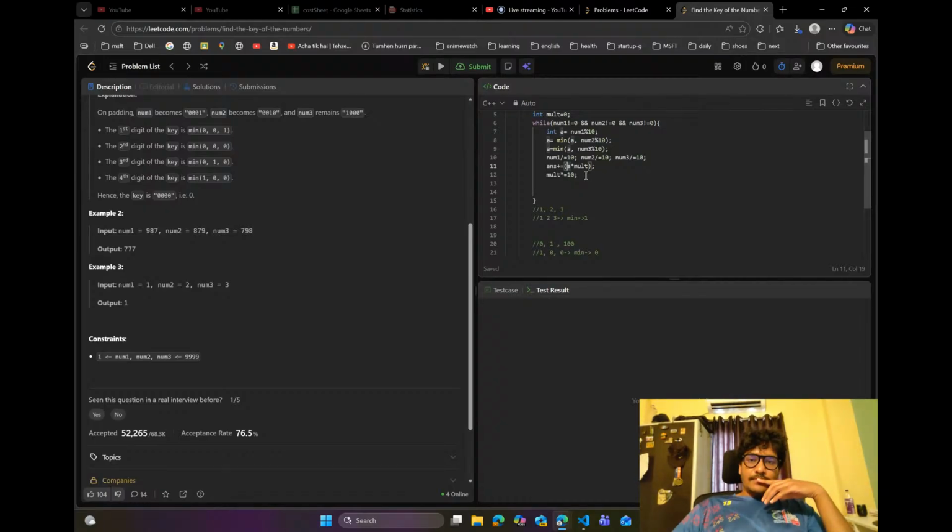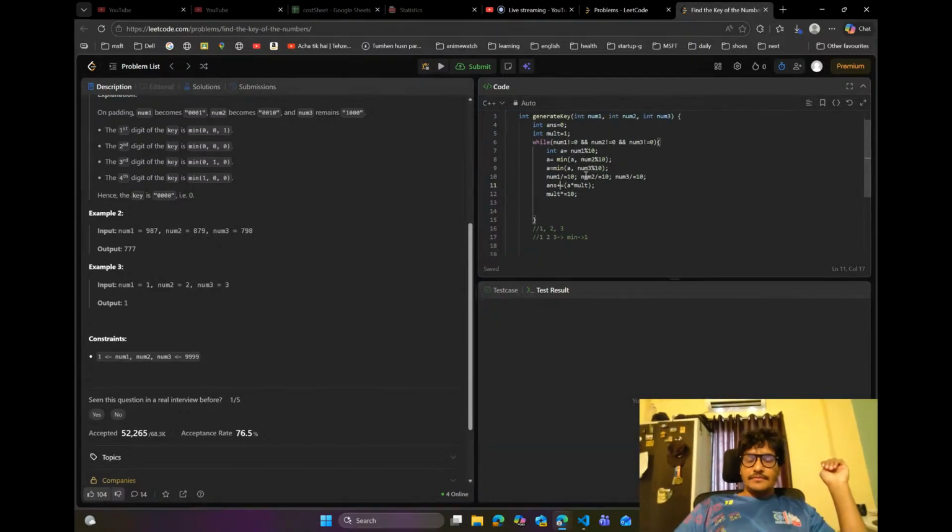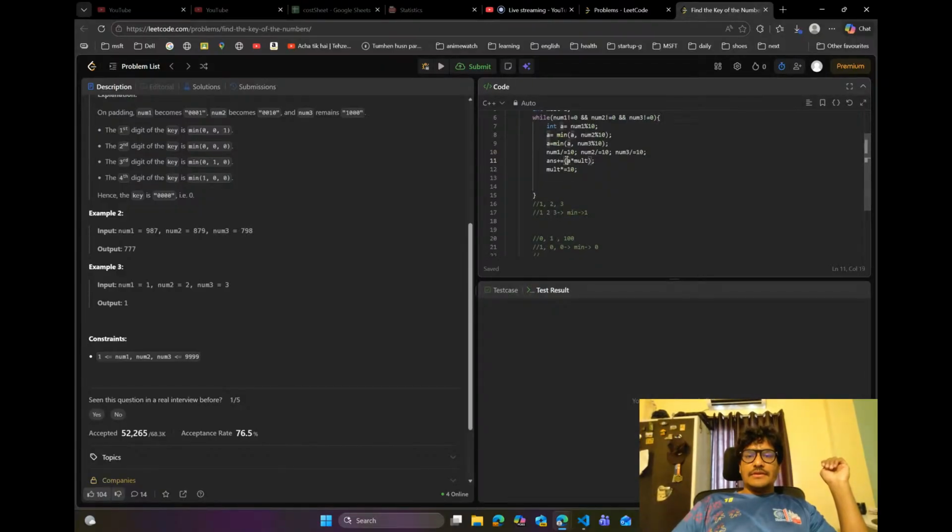So if we make it, let's say, 1, then it gets multiplied by 7. It gets 7, answer becomes 7. Now comes 6. Multiplier becomes 10. 6 into 10, 60.